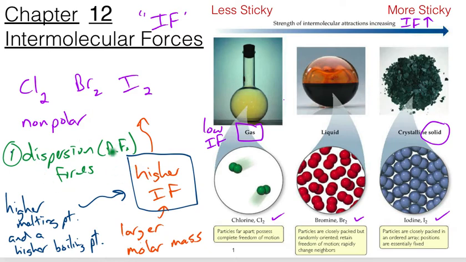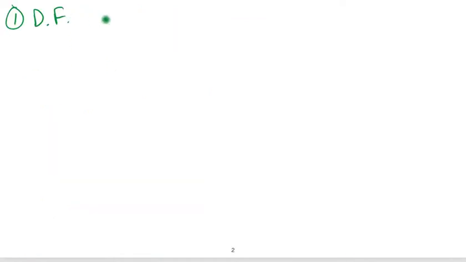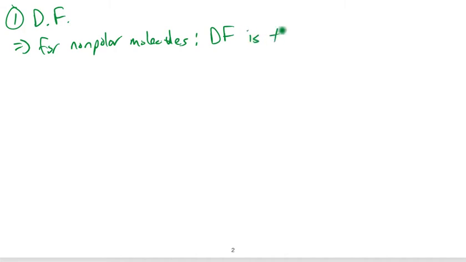The reason I scribbled in here is that if you have something that's nonpolar, really the only intermolecular forces present are dispersion forces. So let's clean up the notes a little bit. So for nonpolar molecules, dispersion force is the only intermolecular force.